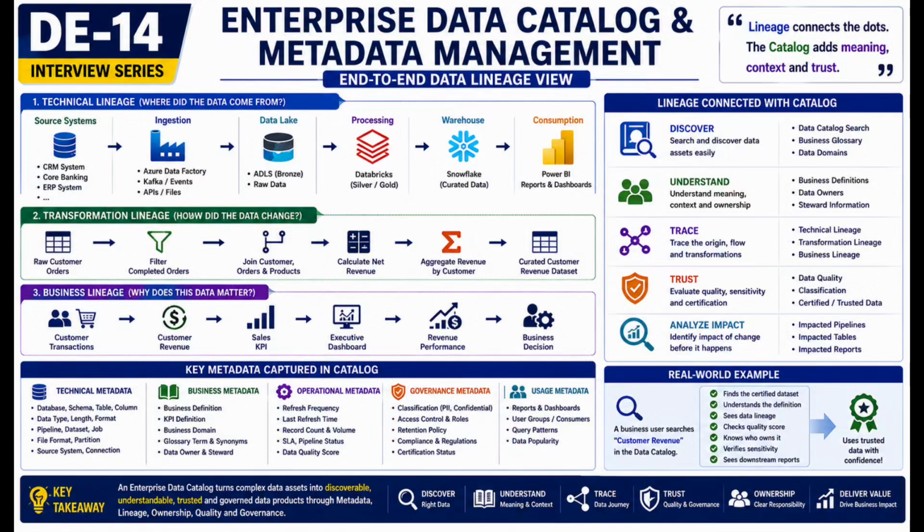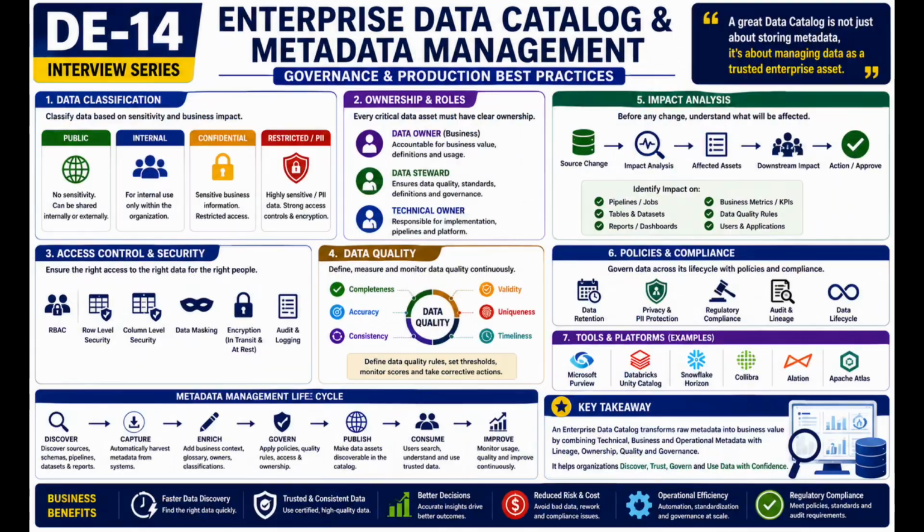So here let's move into the most important part from a senior data engineer perspective. A catalog is not valuable just because it contains metadata. We need to make that metadata actionable. So first one is data classification. First classify data according to sensitivity.